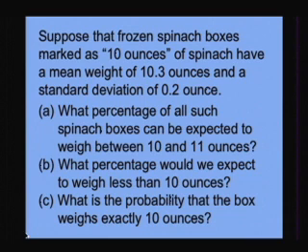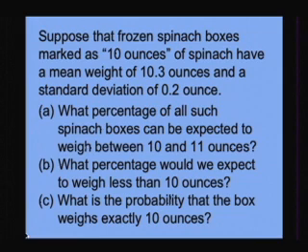What percentage of all such spinach boxes can be expected to weigh between 10 and 11 ounces? What percentage would be expected to weigh less than 10 ounces? And what is the probability that you will actually get one that weighs exactly 10 ounces?